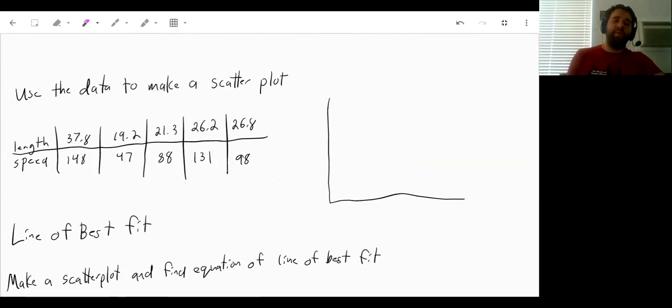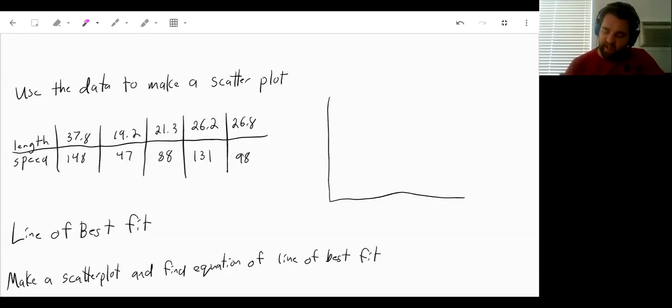Something you might be asked to do in this chapter is use the data to make a scatter plot. All that means is that you just have to graph the data. So let's have the x-axis be the length and the speed be the y-axis.